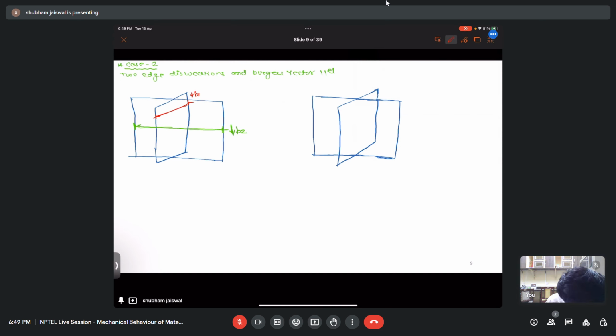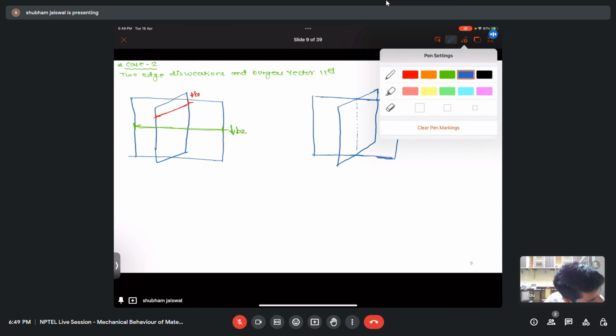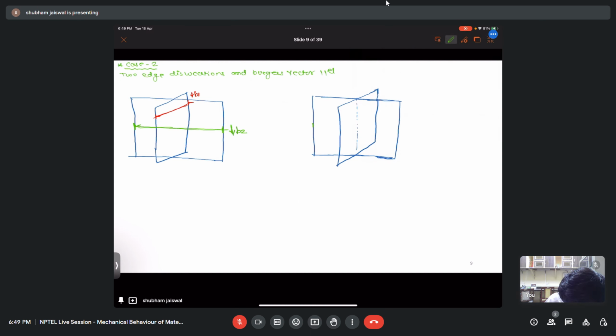So if this is my line, you can see that the step is being created in dislocation 2. Let's say this is S2, and this dislocation will create a step in the Burgers vector B1, and it will be equal to B1.